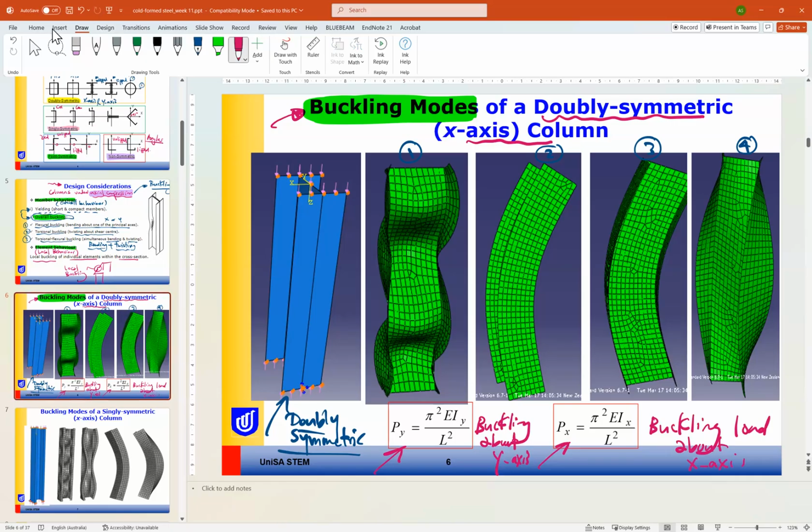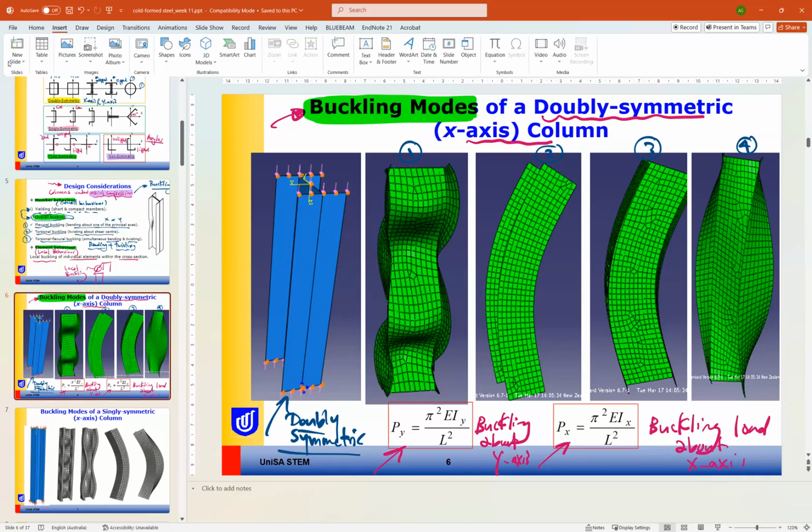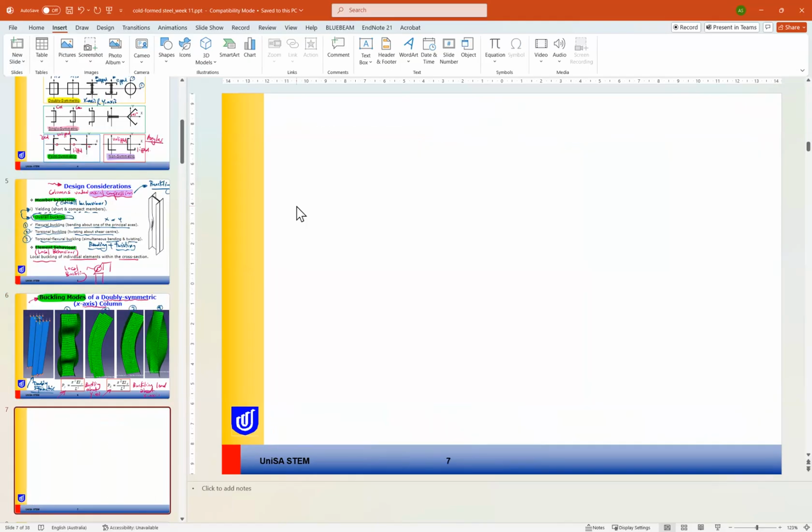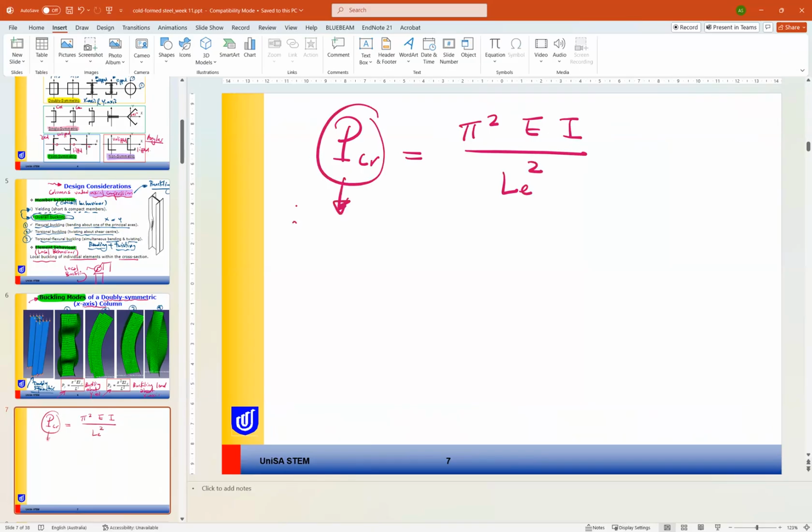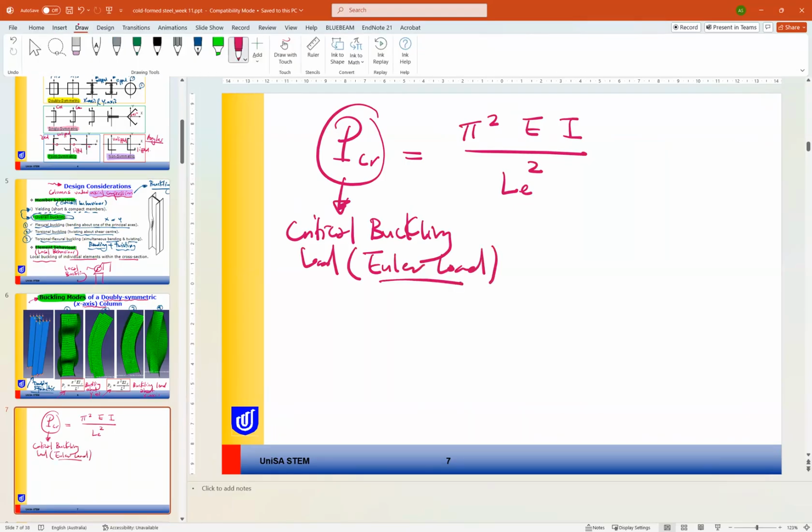As you may have studied before, the critical buckling load P_cr is equal to pi squared E I divided by L effective squared. P_cr is the critical buckling load, or we call it the Euler load. So the Euler load or critical buckling load is the load when the column initiates or starts buckling.